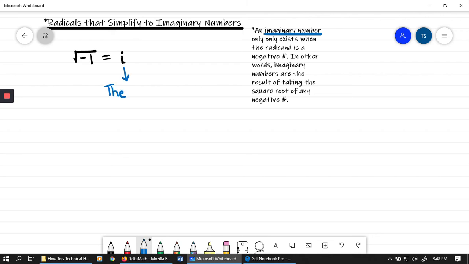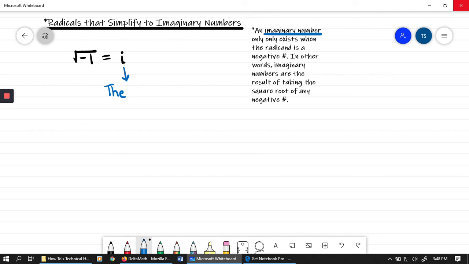So i is the basic imaginary unit, and all imaginary numbers, regardless of what type they are, are going to have i written with them, and that letter i will let you know that you are dealing with an imaginary number.